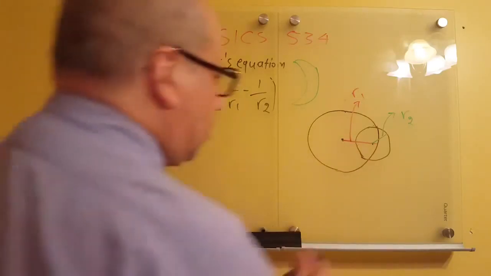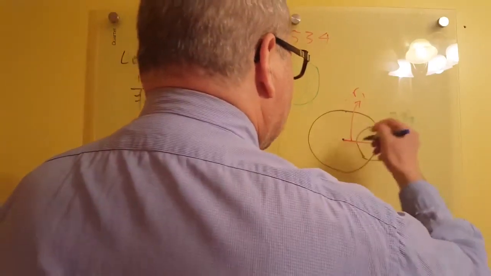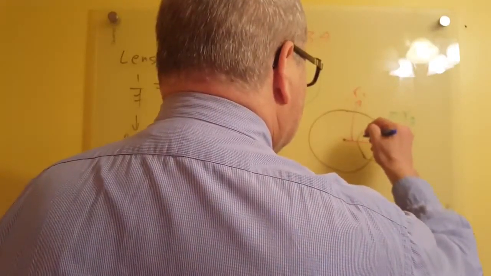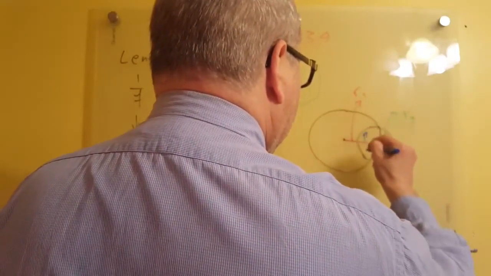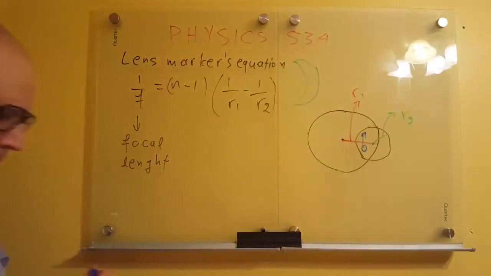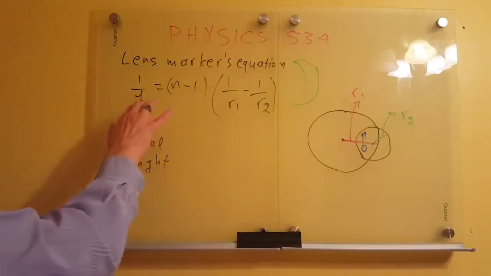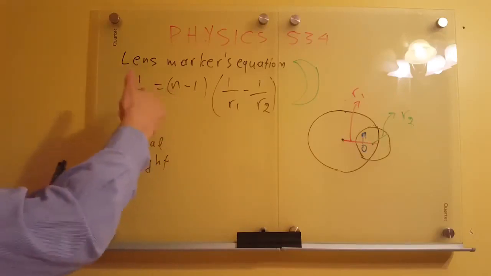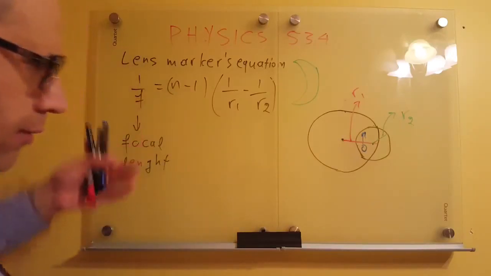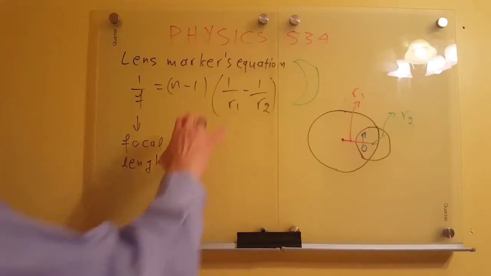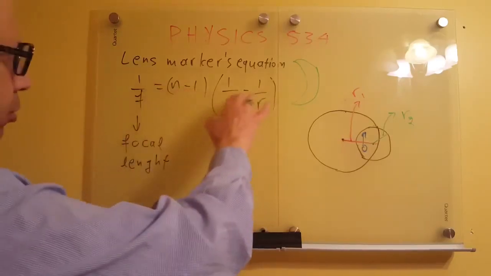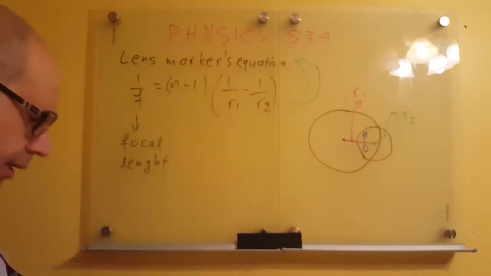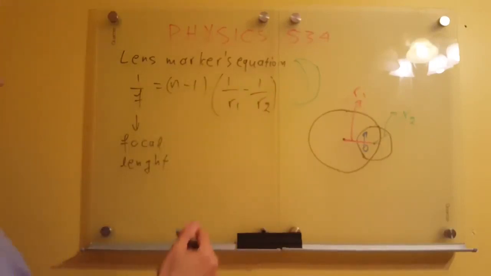Let's say the object can be anywhere, so let's say it's somewhere here. So now, in order to prove that the F is positive, we need to prove that the 1 over F is positive. Because the 1 over F is equal with this, we have to prove that the right hand side of the equation is positive.